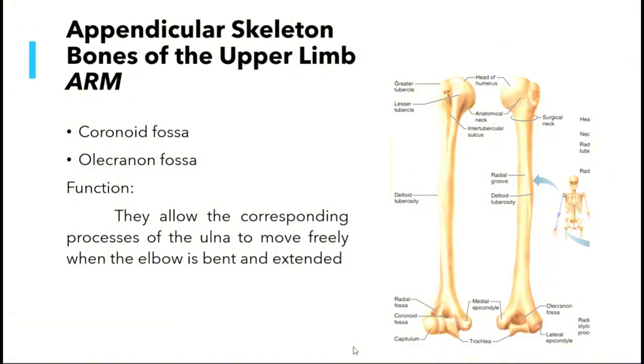They are flanked by the medial epicondyle, this one, and lateral epicondyle, this one. So this is the depression. Your coronoid fossa, this one, and then the olecranon fossa, this one.